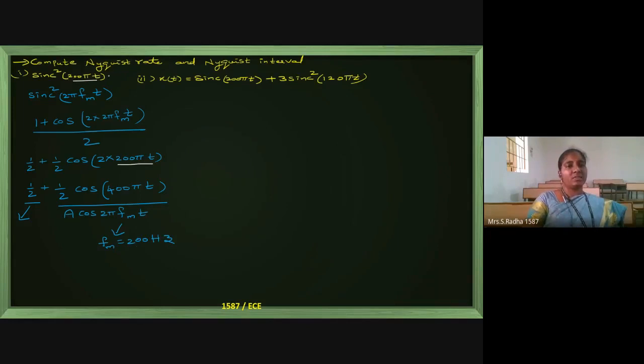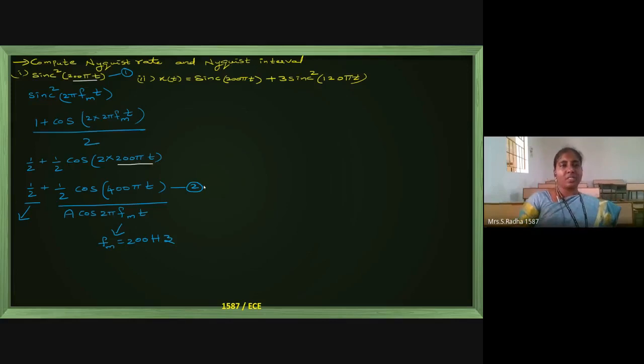Equation 1 is the given question. You compare that as 2 pi fm. Sin square is there, which can be written as sin square theta equals 1 plus cos 2 theta divided by 2. So after expansion, this is my equation number 2. Equation 2 you compare with the standard form.